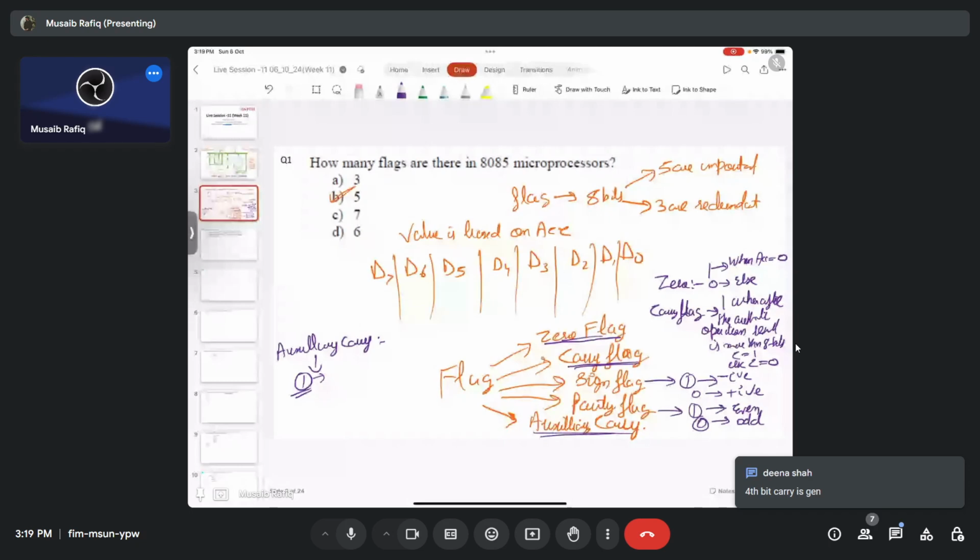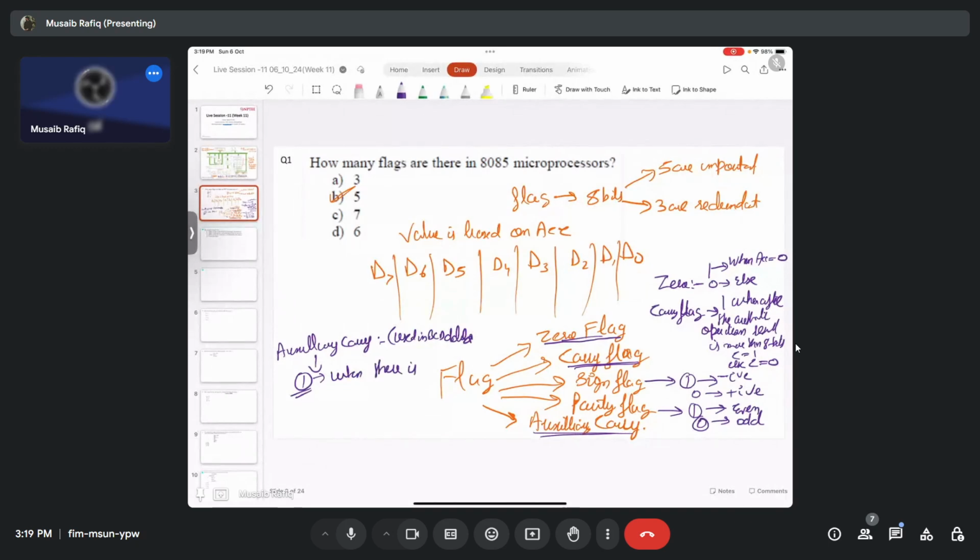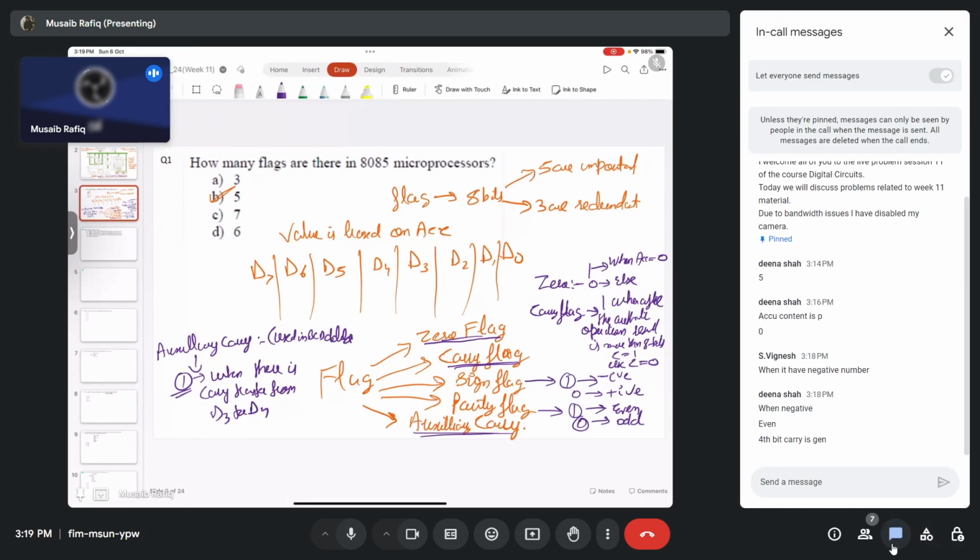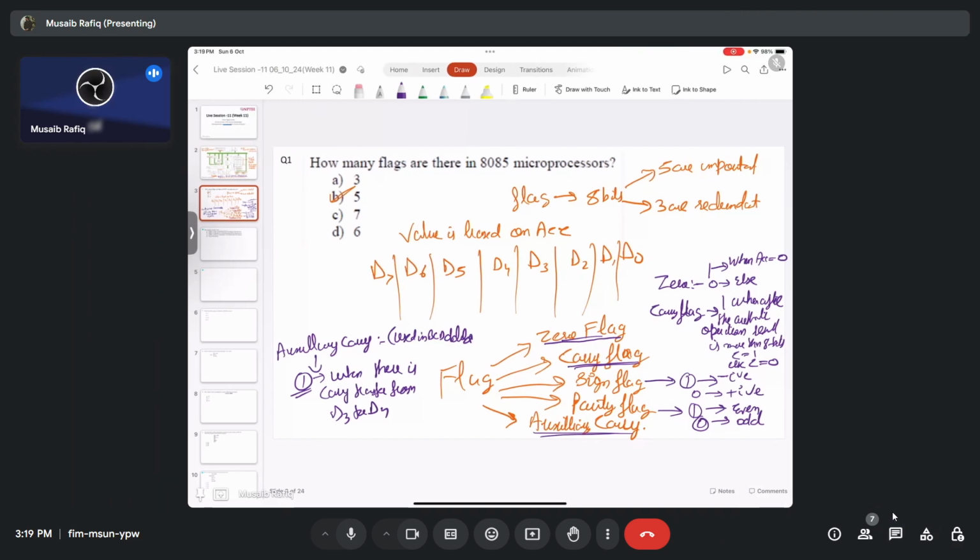Yes. So this auxiliary carry is used in BCD addition and is 1 when there is a carry transfer from the D3 bit to D4. That is exactly what you said: when a 4-bit carry is generated.